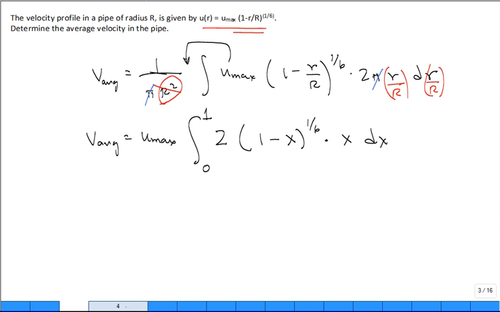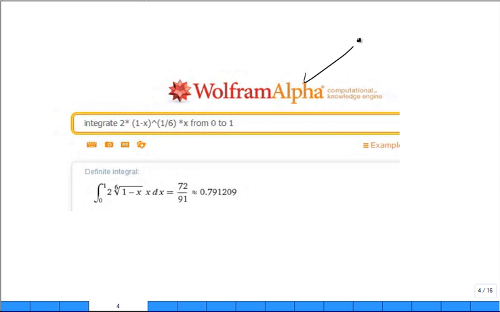And it's solved on the next page. Wolfram, it's the integral I wanted to do, and it comes back almost 80%. So the average is almost 80% of max.